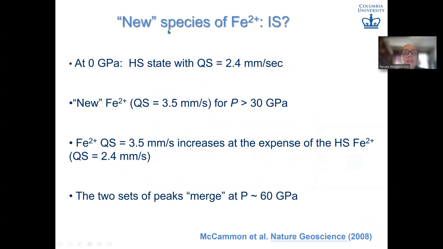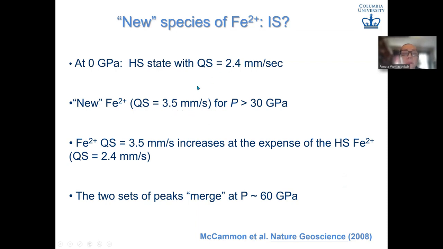In 2008, there was a paper proposing a new kind of iron 2+, the intermediate spin state, that was stable in that perovskite site. At 0 GPa, there was a Mossbauer quadrupole splitting of 2.4 millimeters per second. Above 30 GPa, they started seeing a second kind of iron with a quadrupole splitting of 3.5 millimeters per second.